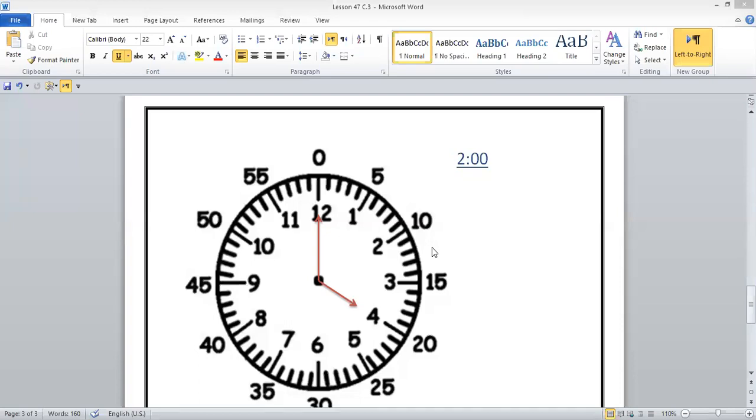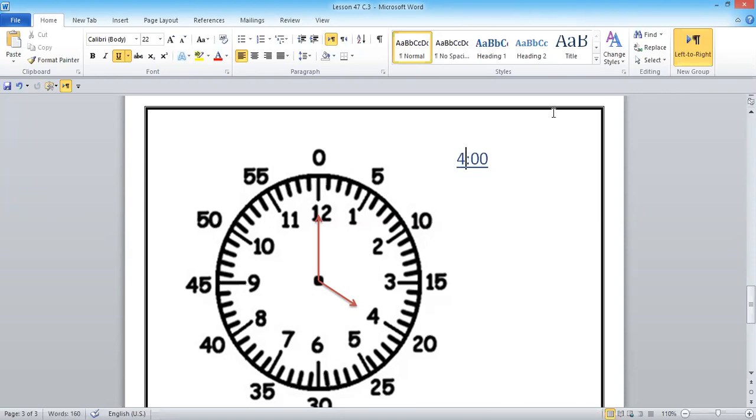How many minutes have passed after 4 o'clock? 1, 2, 3, 4. Very good. The answer is 0. It is 0 minutes after 4 o'clock. And how will you write the time, guys? You will write the time like this. It is 4 o'clock.